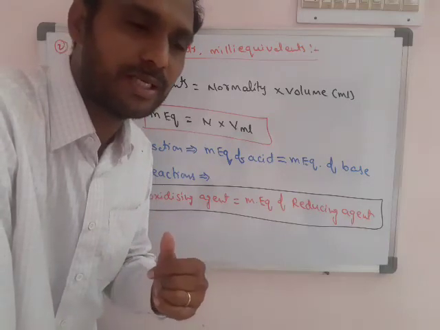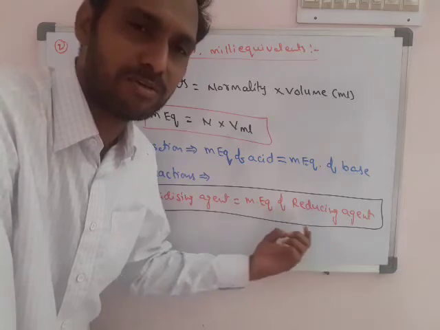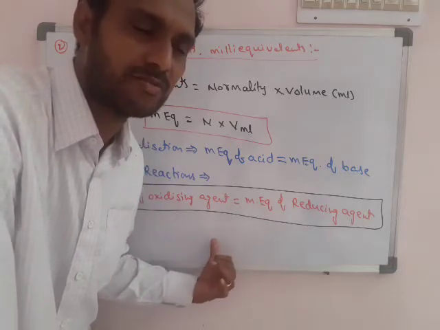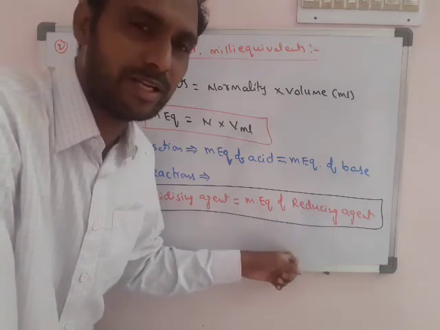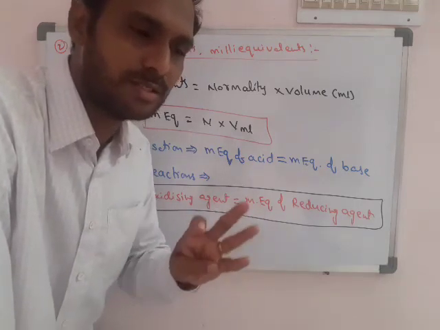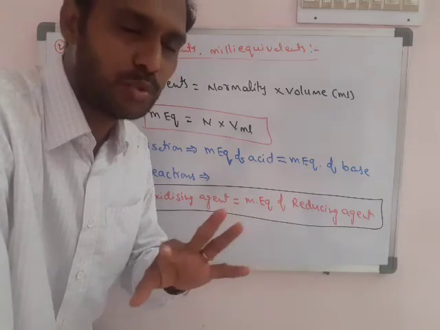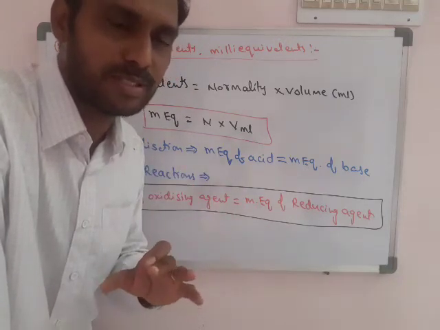The second concept is comparing milli equivalence of acid equal to milli equivalent of base, milli equivalent of oxidizing agent equal to milli equivalent of reducing agent in a given reaction. With these two methods, mole concept and milli equivalence or equivalence, we do the problems in this chapter.